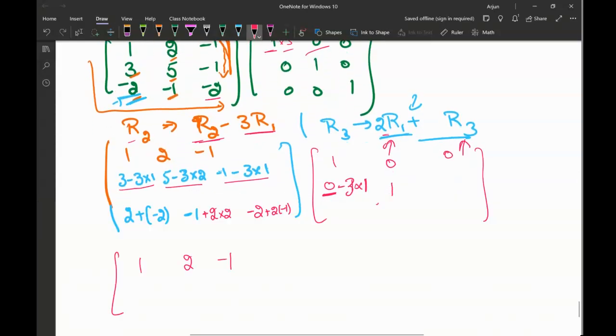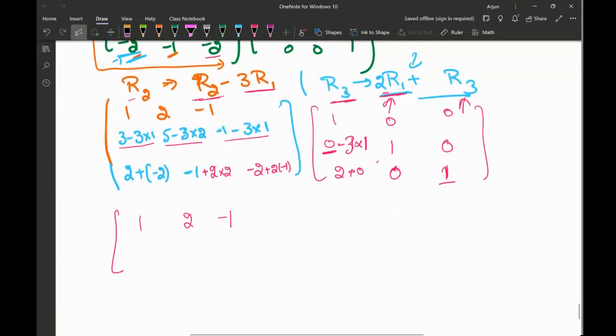Down here, this is going to remain 0, and then the next step will be R3. On R3, 2R1, which is 2, plus R3, which is 0, plus 0, and this is 0. This one will stay as 0, and the third term is 1. It's going to stay as 1.